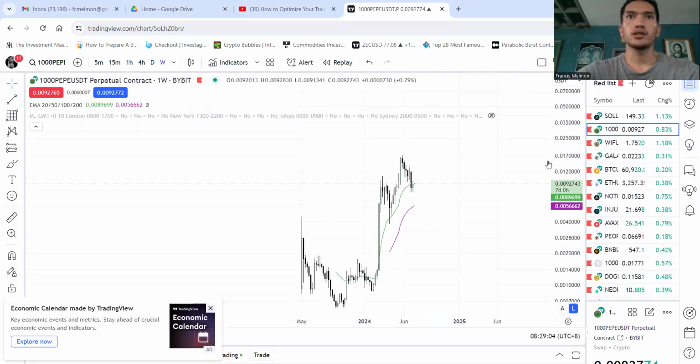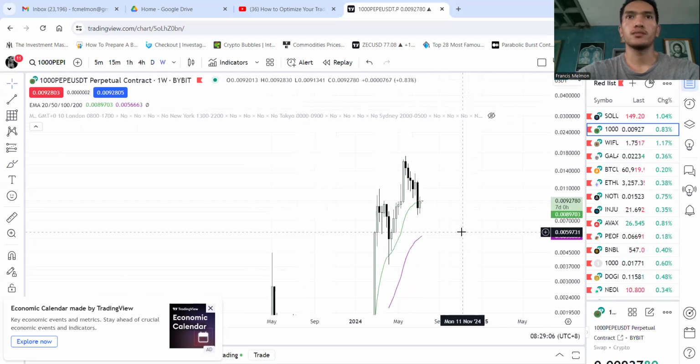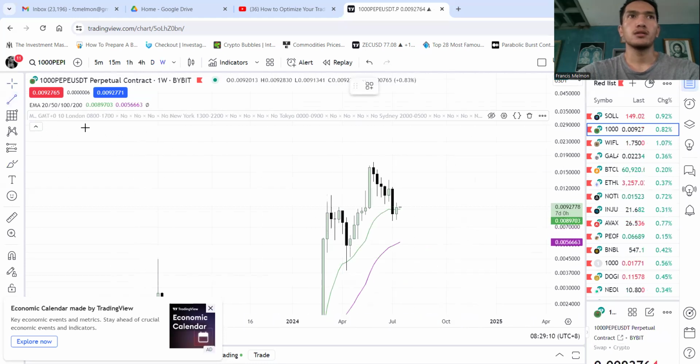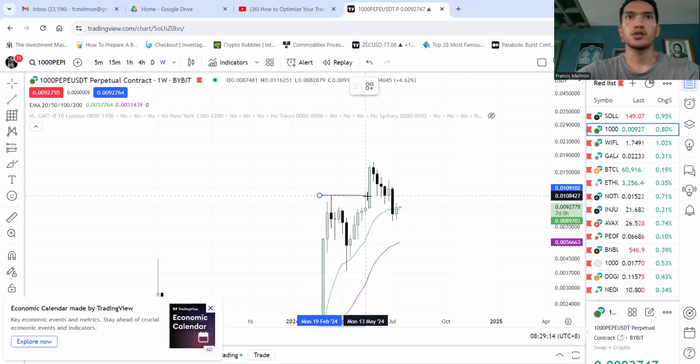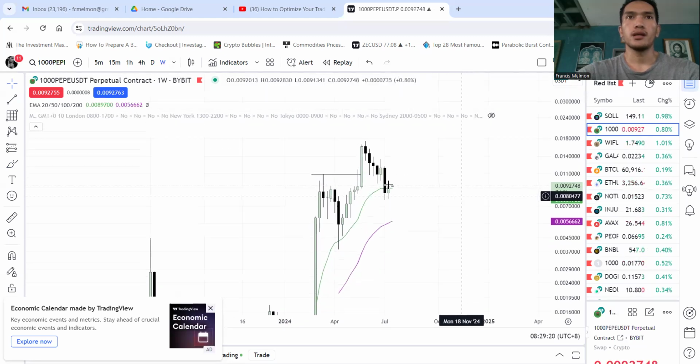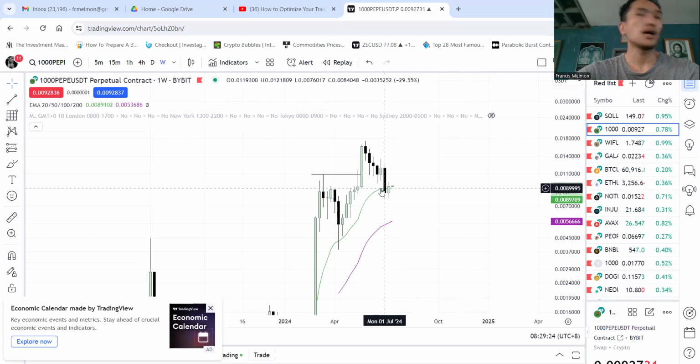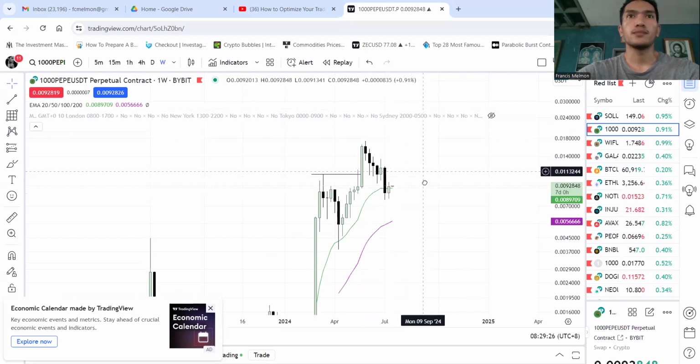For Pepe, we are still in a bullish price action. We have a break of structure in this weekly time frame, and this usually indicates that we still have one more up move.